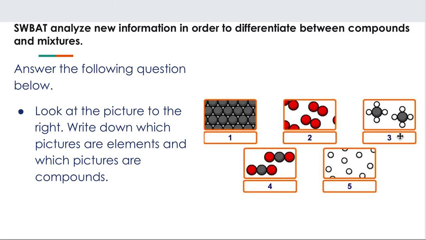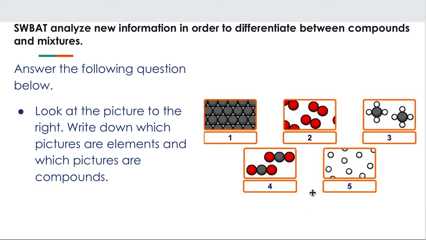Number three, this is where it gets tricky. So number three, we have a dark gray atom with a white little atom. Okay, that means that this will be considered a compound, all right? A compound because they have different types of atoms that are chemically bonded together.